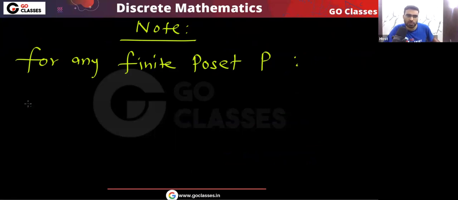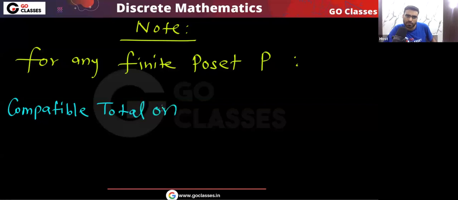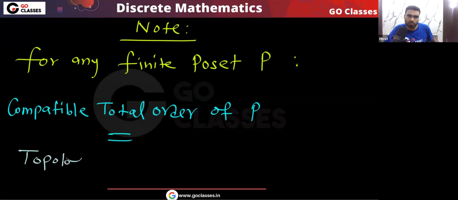What are those? Compatible total order of P is the same as topological order of P. Understood? Let me know. These two things are the same.